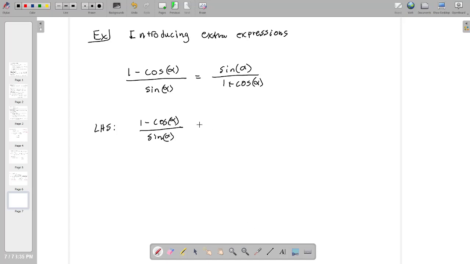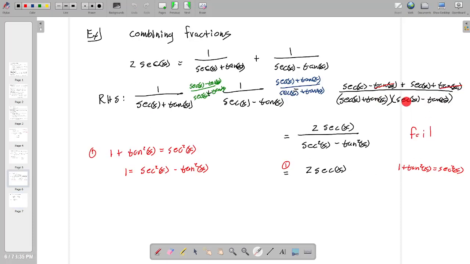Okay. Now, what can we do with this to get closer to the expression that we want? Well, there is a trick that we use a lot, and that is to get a difference of squares, especially with the Pythagorean identities, like I did in the previous problem. We FOILed this out, and we had a difference of squares.